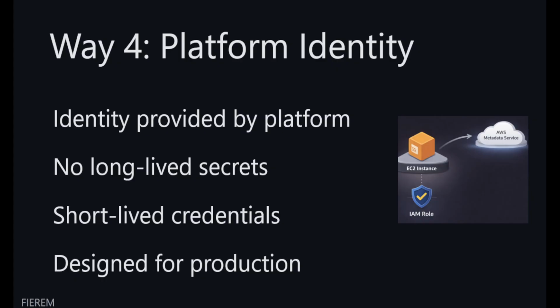In these setups, there may be no long-lived secret on disk at all. Instead, the platform issues short-lived credentials. They expire, they rotate automatically, and if stolen, they die quickly. Terraform asks the platform, the platform issues a short-lived token, and the provider uses it to authenticate requests to the API. This is why CI pipelines can be safer than laptops when designed correctly.